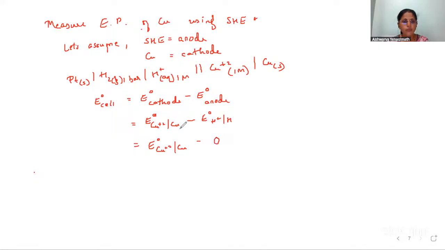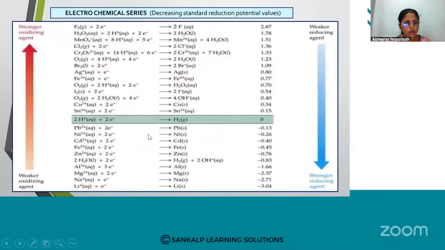It is 0. And what is E naught cell of Cu plus 2 bar Cu? It is 0.34. Fine. So can you see here? It is plus 0.34. Okay. So let's move to the calculation part.